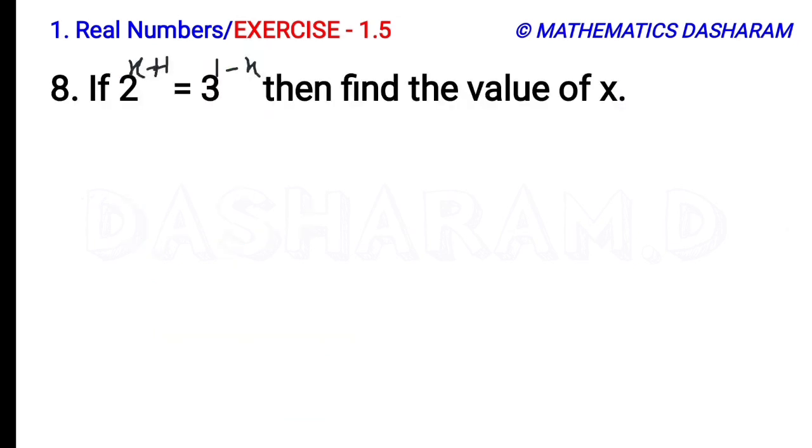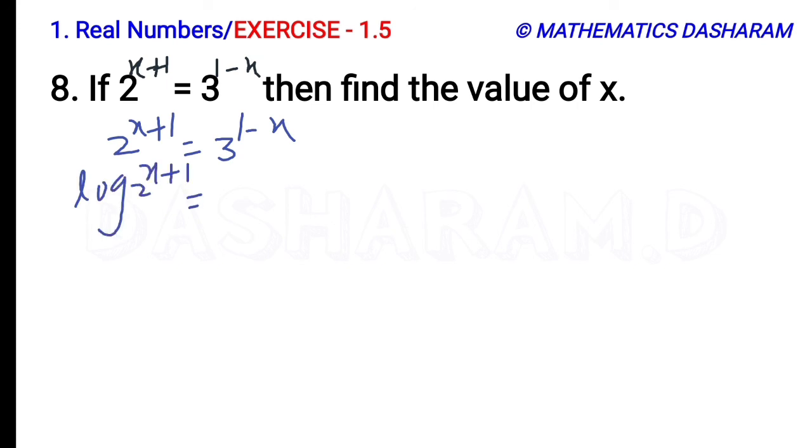Eighth question: if 2 to the power of x plus 1 equals 3 to the power of 1 minus x, then find the value of x. Our required answer is in the place of the exponent. To find the x value, we need the same base, but these are different bases. That is why we apply the logarithm on both sides.